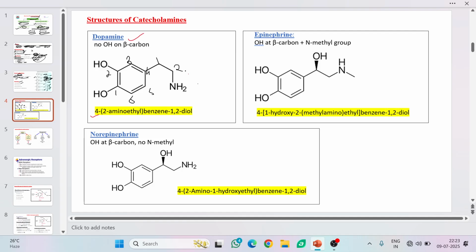This is 2 amino ethyl benzene. This ring is benzene, 1 2 diol. So this is dopamine. This is a basic catecholamine. Now next is epinephrine, which is also called adrenaline. Okay, so a similar name is adrenaline.